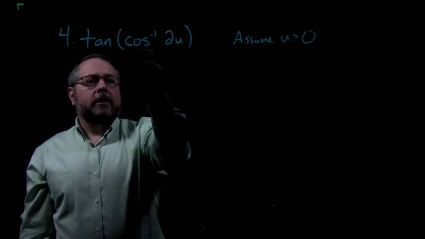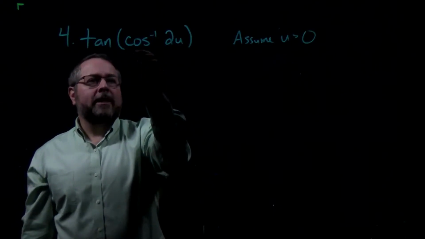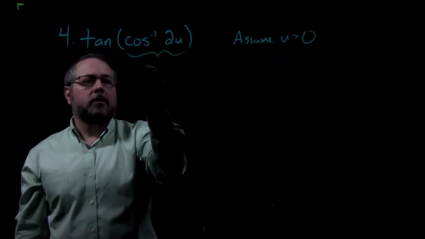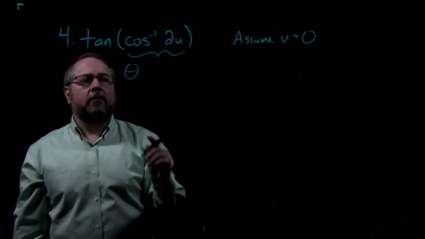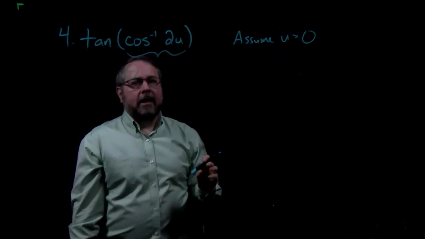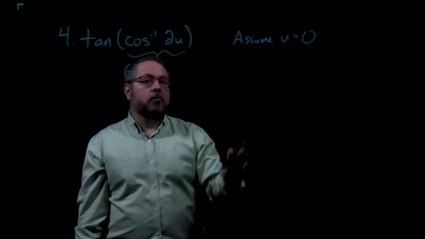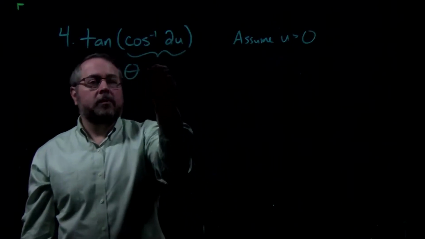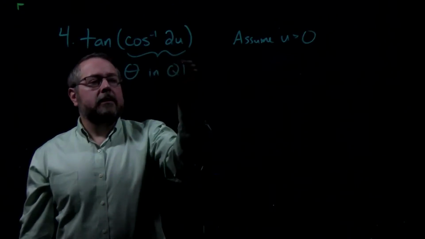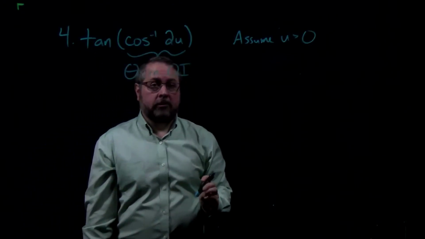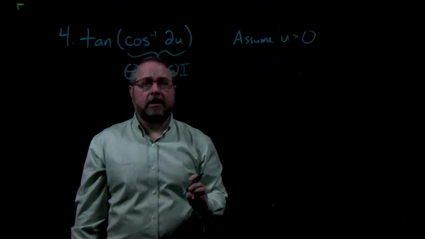Okay, so to evaluate this, we want to think, what is the inverse cosine of 2u? Okay, well, it's going to be some angle theta. And as I mentioned, for these sorts of problems, we're always going to assume that the angle in question is in the first quadrant to make things easy for us.